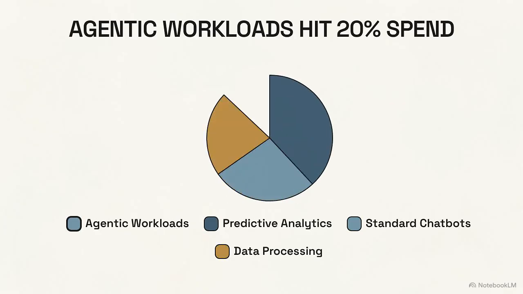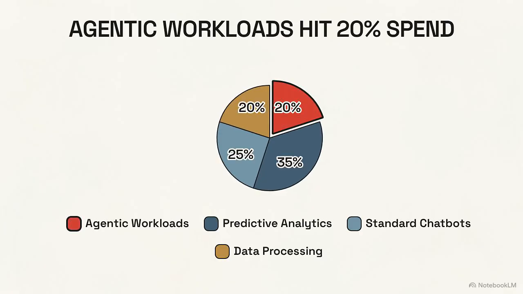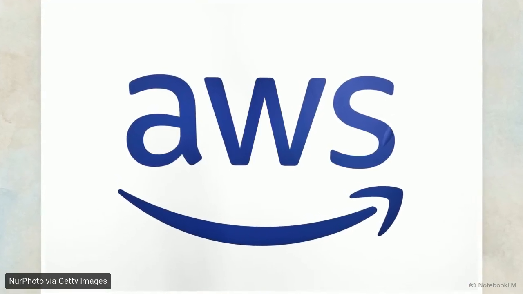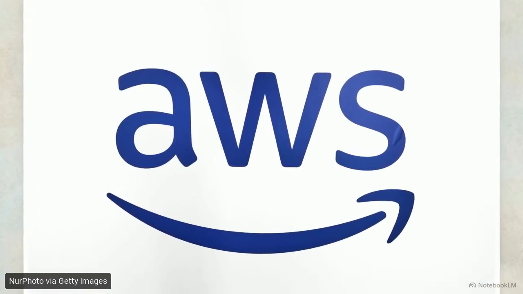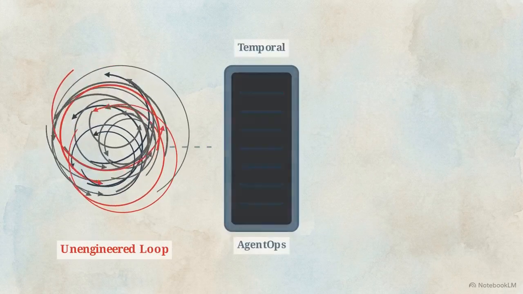The financial stakes are immediate. Agentic workloads are rapidly approaching 20% of all enterprise AI spend. When an unbounded loop runs rampant, the damage registers directly on your cloud infrastructure bill, multiplying operational costs in real time. The tooling to control this is now fully mature.